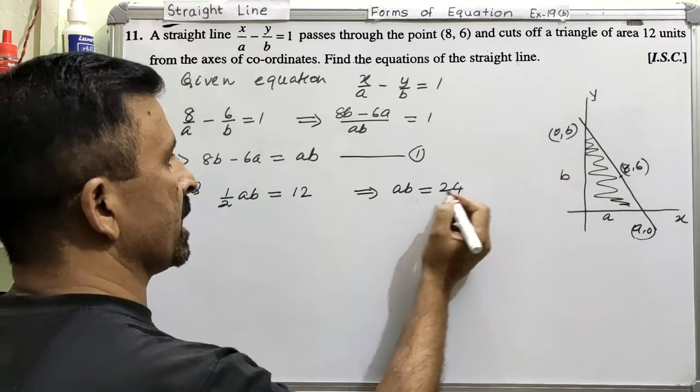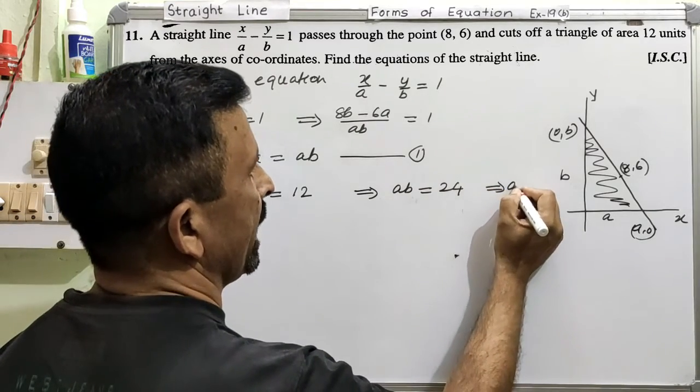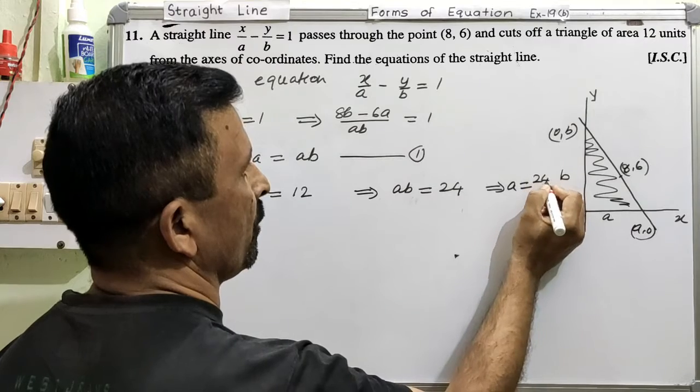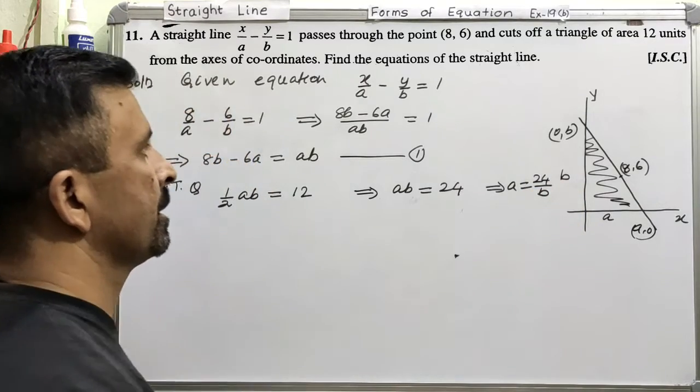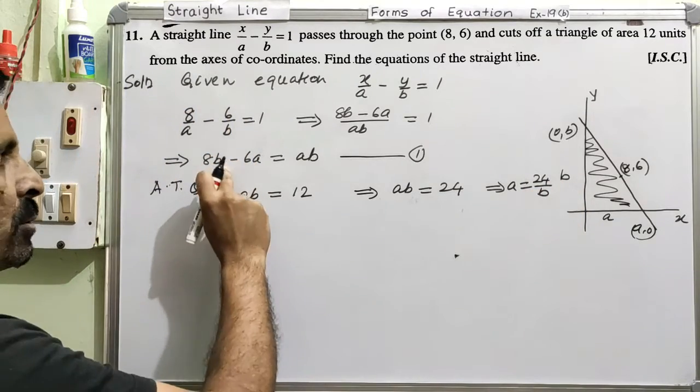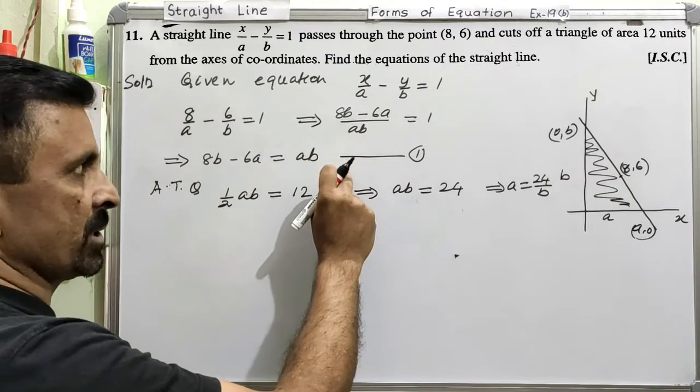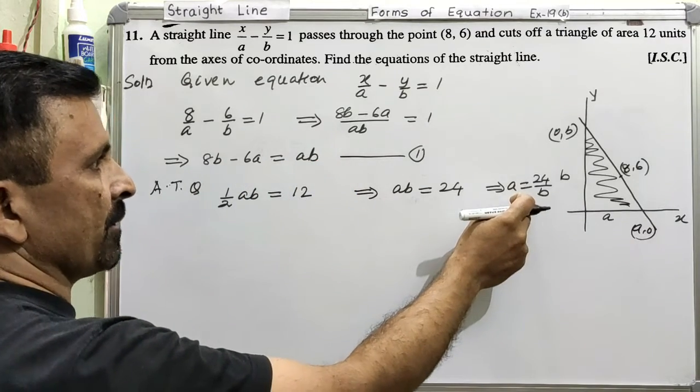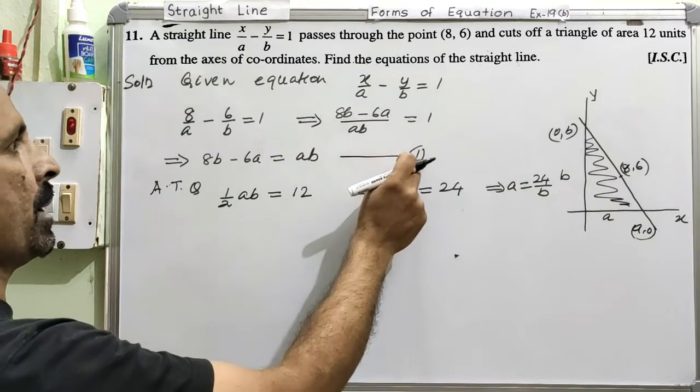Okay. So from here, a will be equal to 24 over b. Is it okay? Because we have to solve this equation, we have to complete this equation. So we can now put the value of a from here in equation number 1.